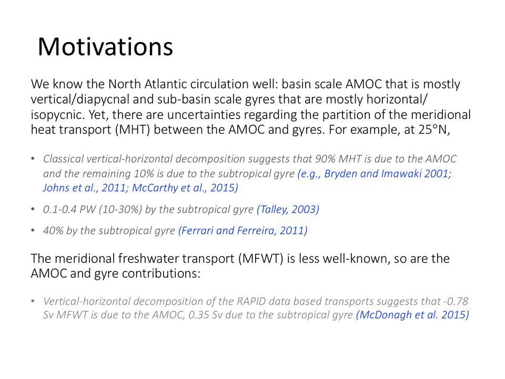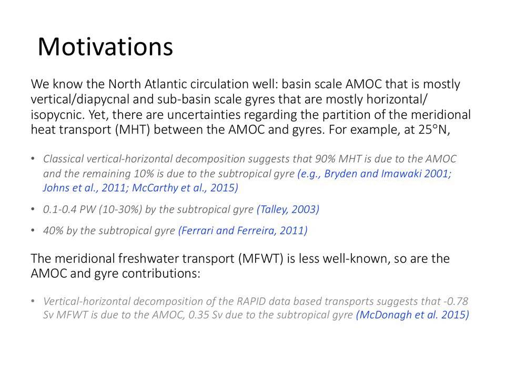But there is quite some uncertainty regarding the partition of the meridional heat transport between the AMOC and the gyres. For example, at 25 north, we know the total heat transport is about 1.2, 1.3 petawatts. The classical decomposition, between vertical and horizontal, mostly says that 90% of this heat is due to AMOC, and the remaining 10% is due to the subtropical gyre.